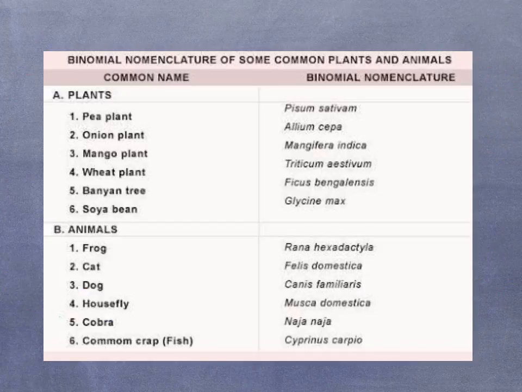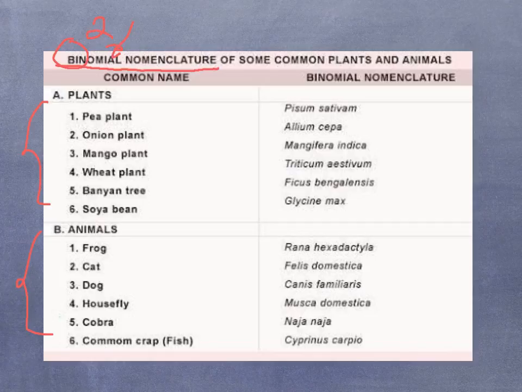Finally, I decided to place this picture over here so you can know the actual name of the Carlos Linneo naming system. This is known as binomial nomenclature. Why binomial? Well, bi has the meaning of two names with which we can classify or name the different organisms. In this case, for example, we have a group of plants and common animals, and you can study and easily know the scientific names.